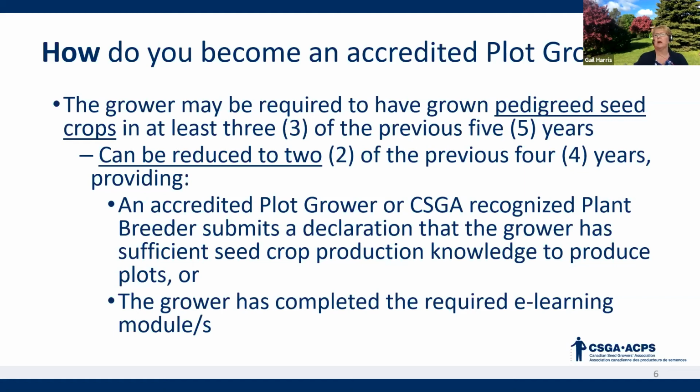In other words, if you're relatively new in the business, but you've had another plot grower mentor you, and they feel confident that you're ready to start plot production, then they can vouch for you and reduce that amount of time. The other thing that you can do to reduce the amount of time, and this is again new in 2021, is completing required e-learning modules.